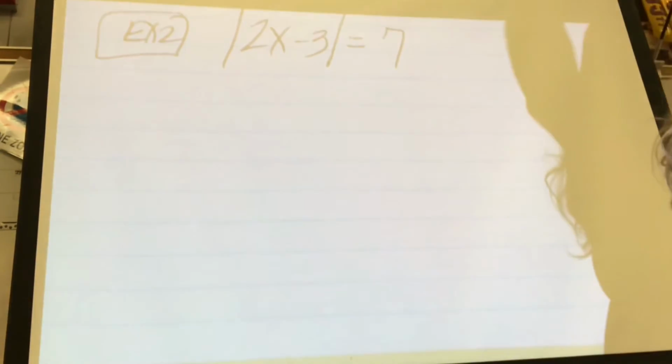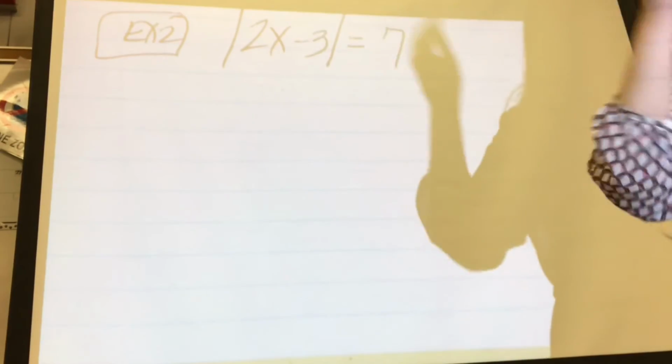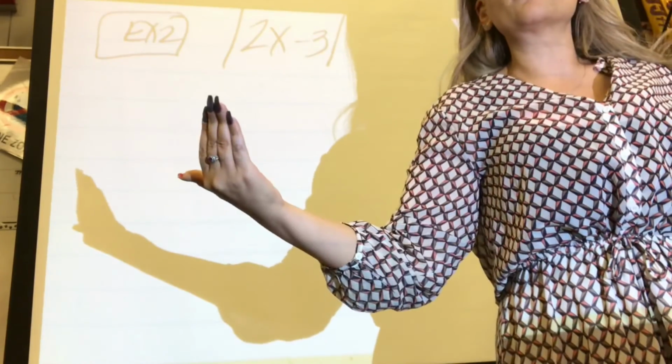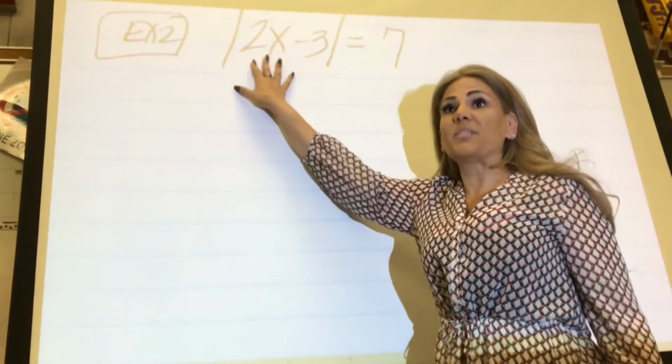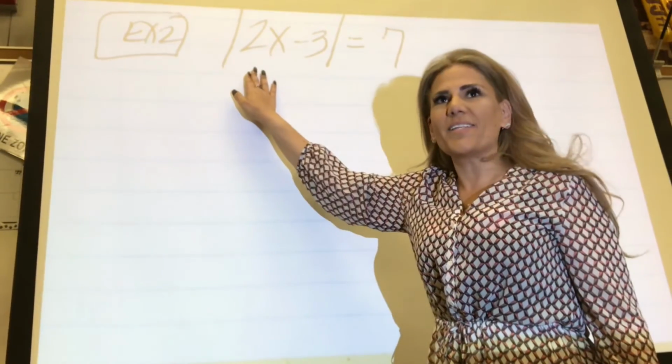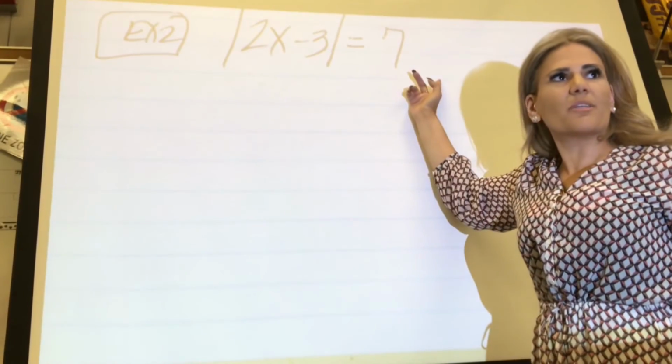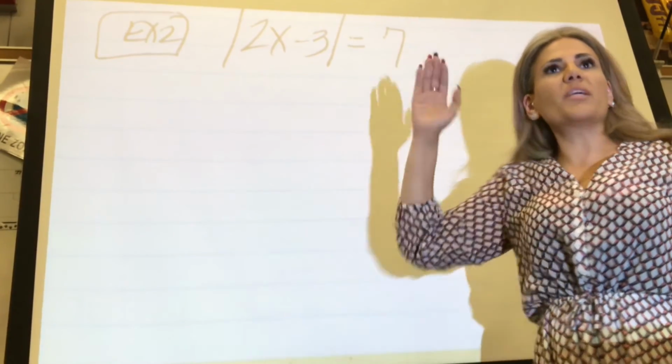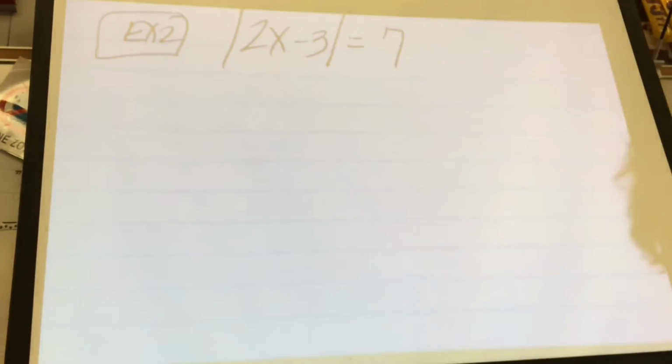Everybody together. What is the absolute value of 7? 7. What is the absolute value of -7? 7. So the inside can be 7 because you get 7, or the inside can be -7 because you get 7. Everybody with me? Yeah. So the inside has 2 options. It can be -7 or it can be 7. So we're going to tell everybody, all right, the inside can be 7 or the inside can be -7.